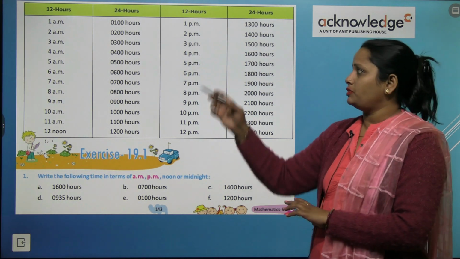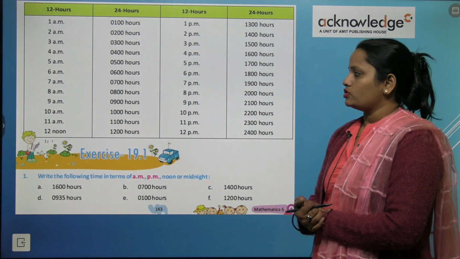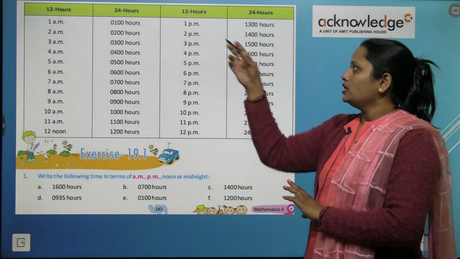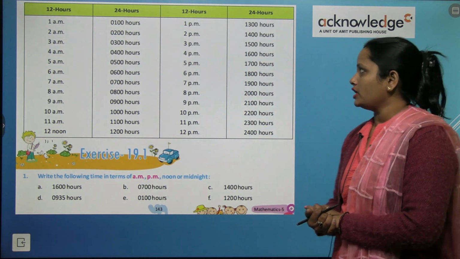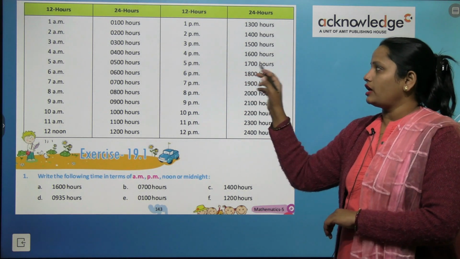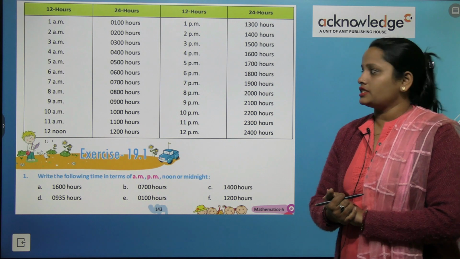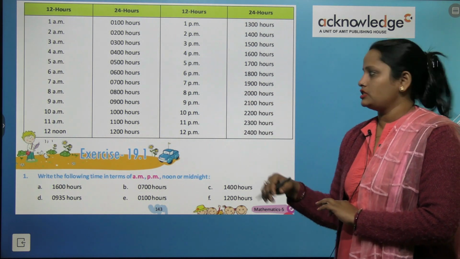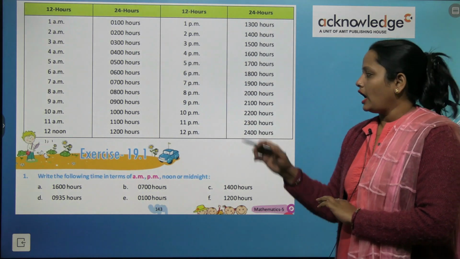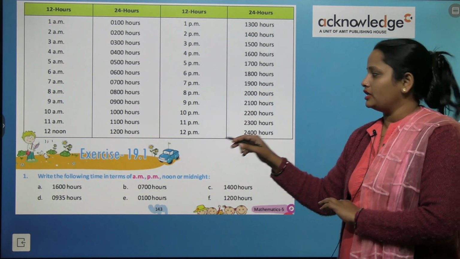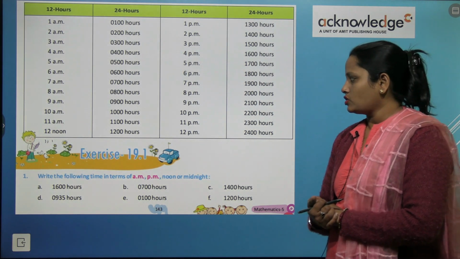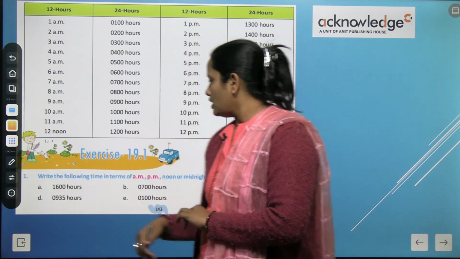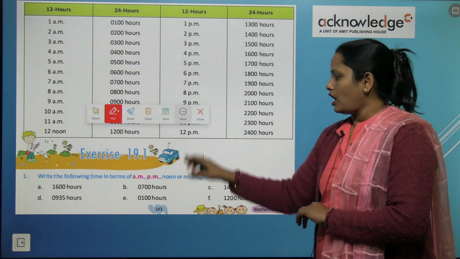When it comes to 1 PM, जब 1 बज के दोपहर हो जाता है, then how do we write it? As 13 hours. Now 2 will be written as 14, 3 as 15, 4 as 16, 5 as 17, 6 as 18, 7 as 19, 8 as 20, 9 as 21, 10 as 22, and 11 as 23, and 12 AM will be written as 24 hours.